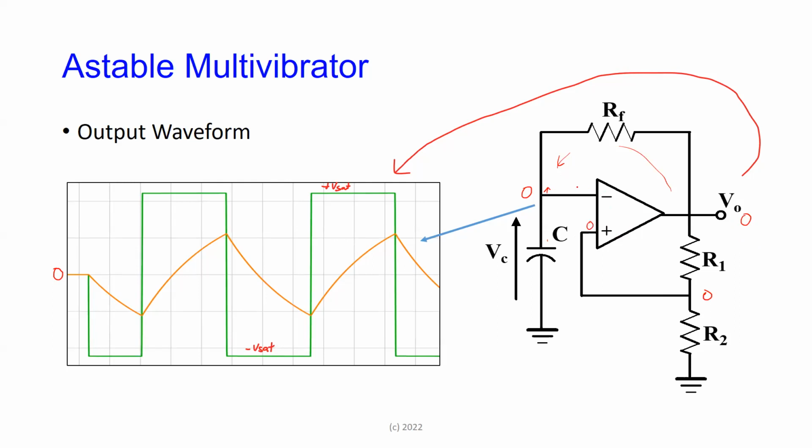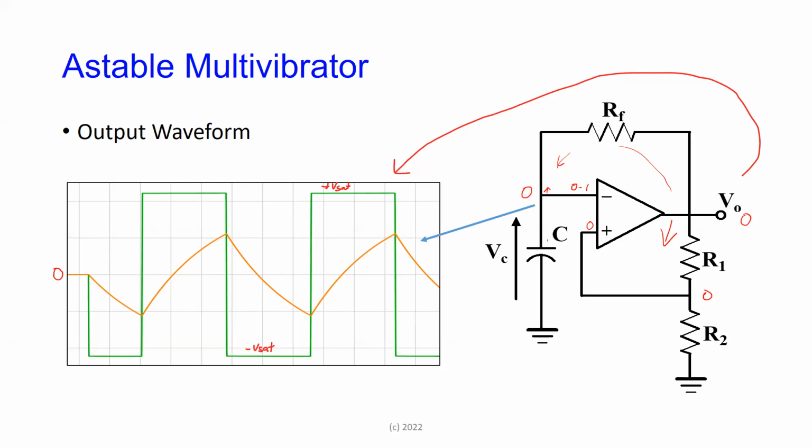If this voltage goes to, let's say, 0.1 volts, just for argument's sake, 0.1 on the inverting terminal, that is more positive than the non-inverting terminal. So if here is more positive than here, or the value of the voltage here is greater than here, the output of the op-amp, because it is the inverting terminal, will try to go negative. Fair enough?